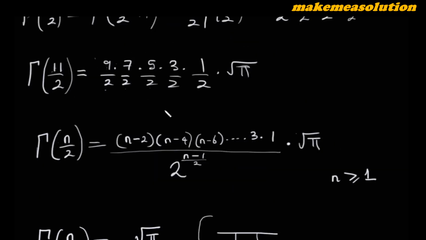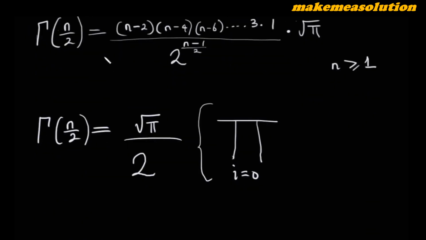As you can see for this formula, when we are calculating for 11, we'll stop at 9. This is a general representation of odd numbers, 2i plus 1. For 11, for instance, I want to start from 1 and I want to stop at 9.